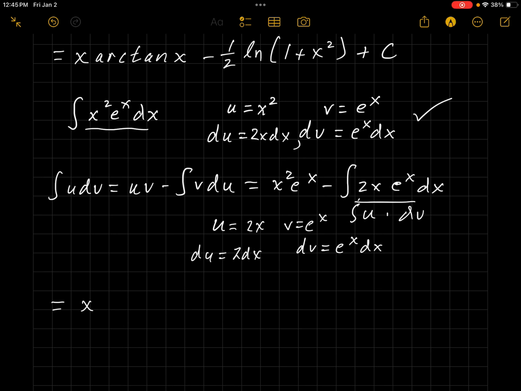So my integral is x squared e to the x. That is my original integral, is x squared e to the x minus, okay, all of this back stuff, which is my new uv minus my new integral of v du.